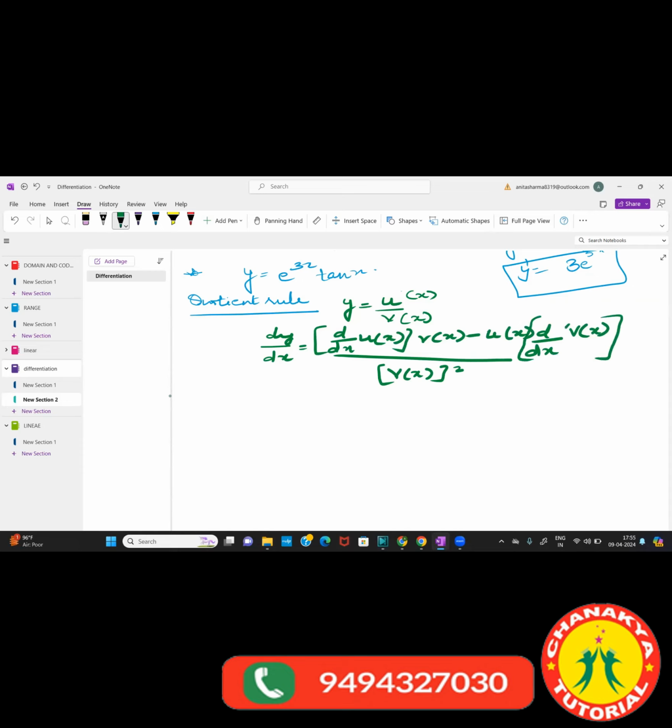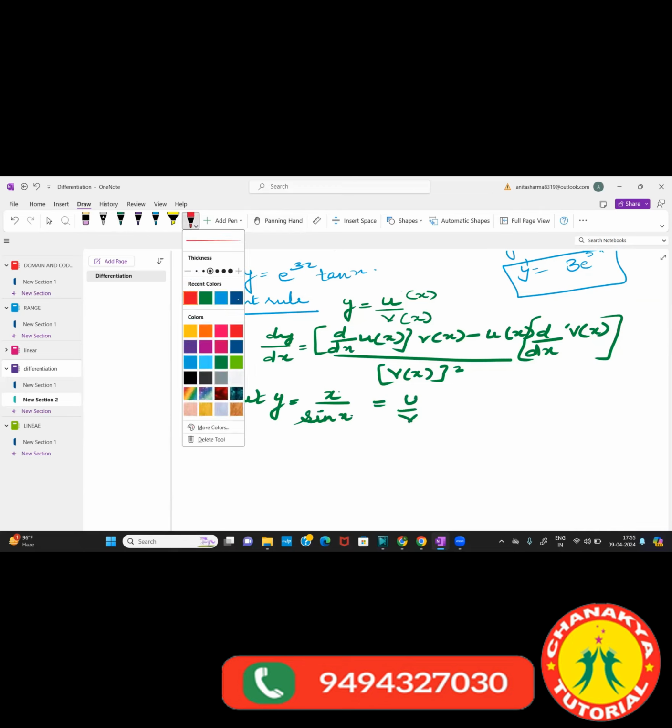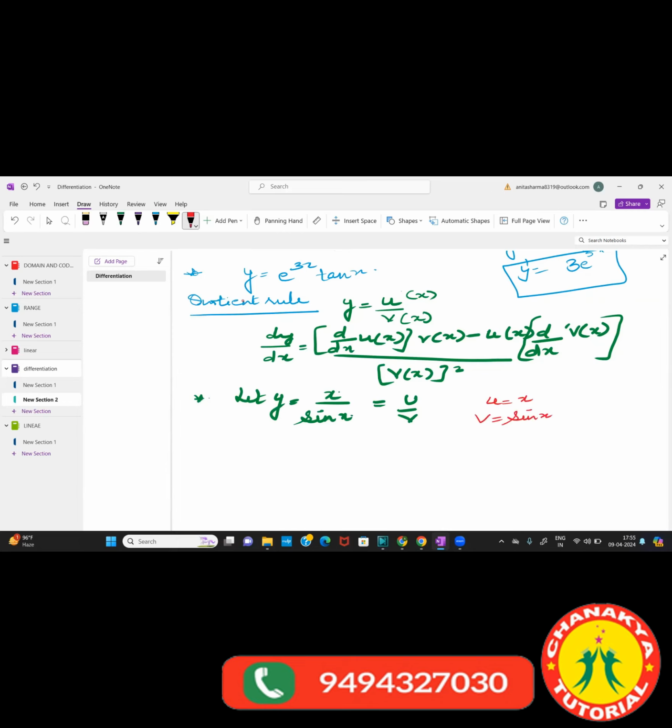Okay, let us see by taking an example. Suppose let y is equal to x upon sin x. Now here we have given this question in the form of u upon v. Clear, beta Jaswant? Yes, ma'am. Here u is your x and v is your sin x. So when functions are given in fractions, then you have to apply the quotient rule. So right here, apply quotient rule.